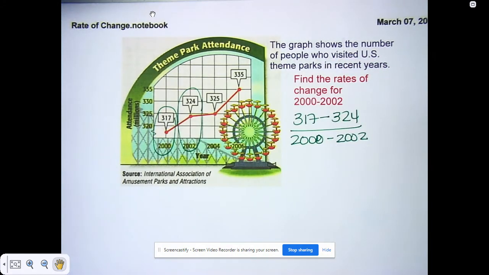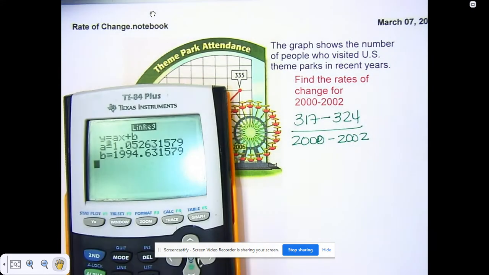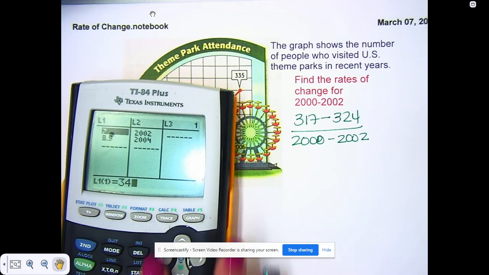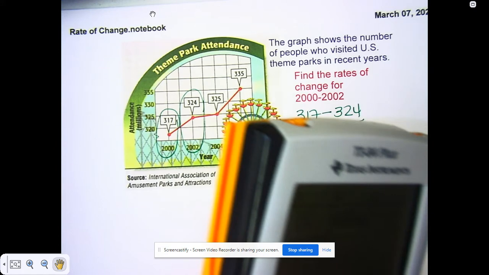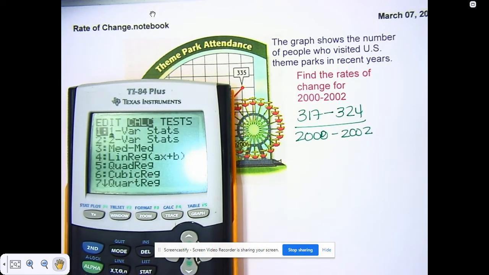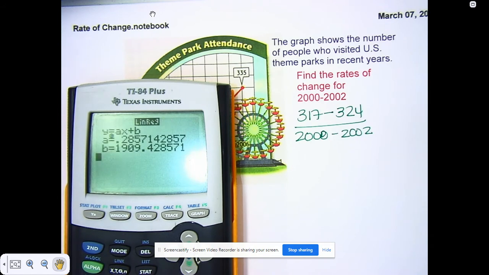I'm going to plug it in my calculator. 317 and 324, 2000 and 2004, 2002, sorry. Okay, stat calc 4. So 0.286.